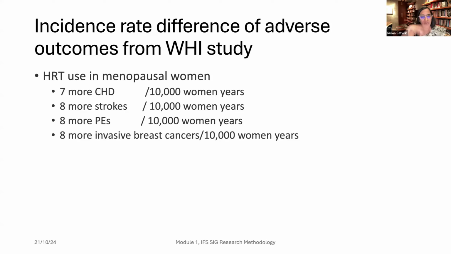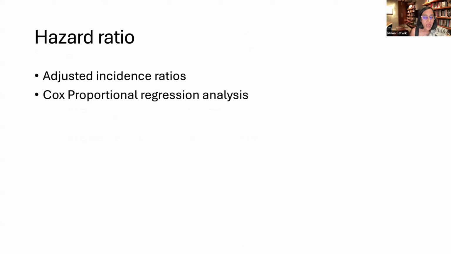You could choose to have 100,000 if your outcome is rarer, or 100, or per women year, also depending upon how rare your outcome is, right? Hazard ratio is again, I don't know if you know of regression, but regression is a way of adjusting for confounders.